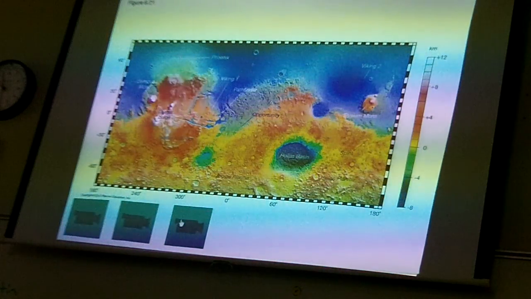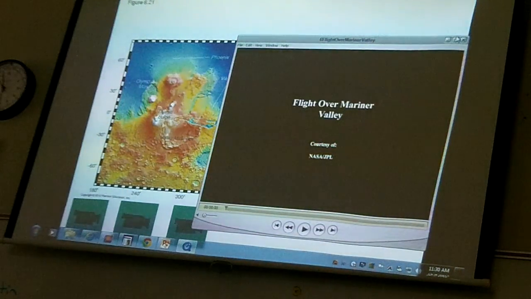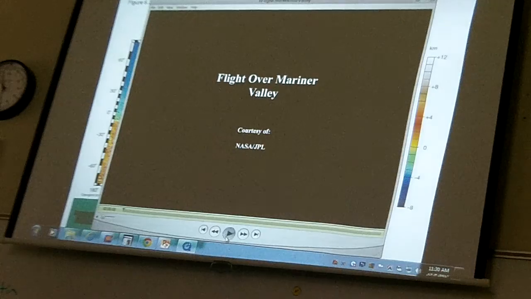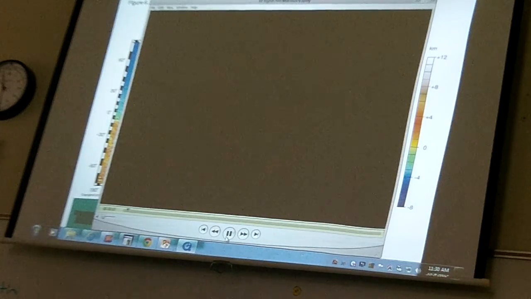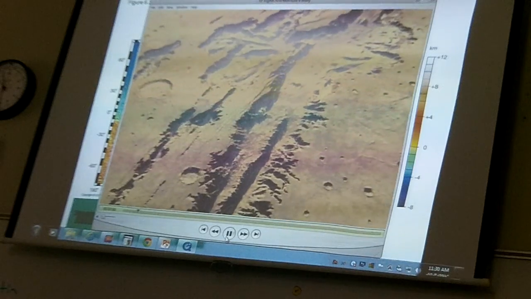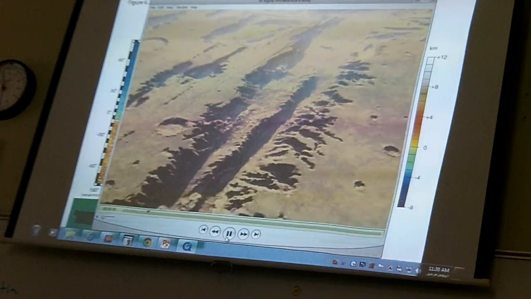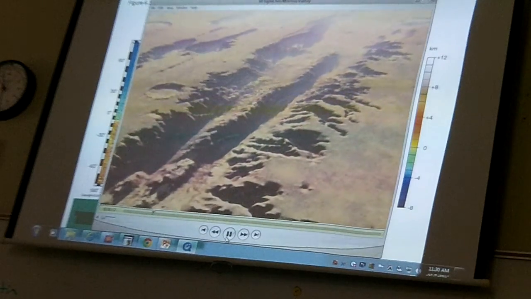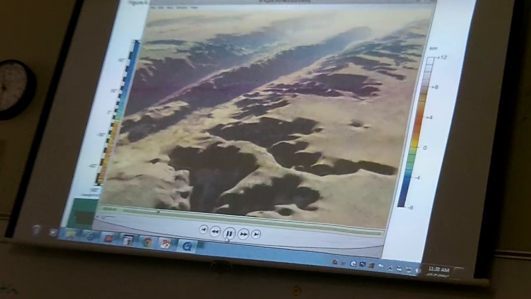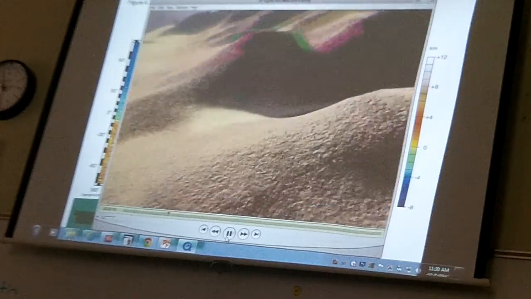Here's a little video of what it would look like if you were to fly over Mariner Valley, the big crack. They've never actually done this, but they take pictures from space and can put it in their computers, and then the computer can work this out.